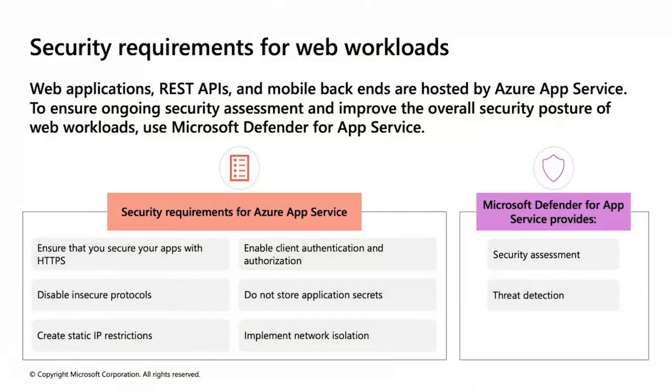If you go for dynamic, it would be more challenging for a hacker or attacker to track the behavior. Also, enabling client authentication and authorization is very important. Do not store application secrets inside the application. You can consider using Key Vault. Always try to implement network isolation.